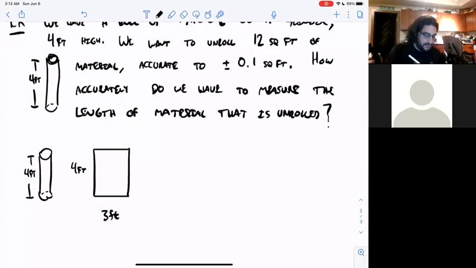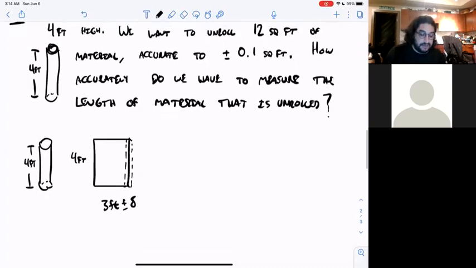Well, it's going to be 3 feet plus or minus delta is how much we're going to actually unroll, because it's sort of a real world setting. So, maybe we unroll 3 feet plus delta, maybe we unroll 3 feet minus delta. Whatever tool we're using to measure that 3 feet only has limited precision.